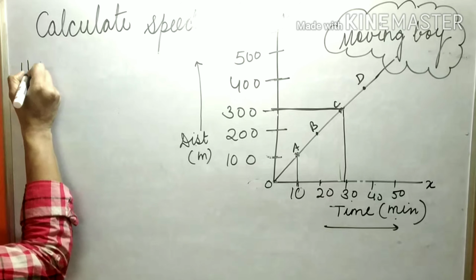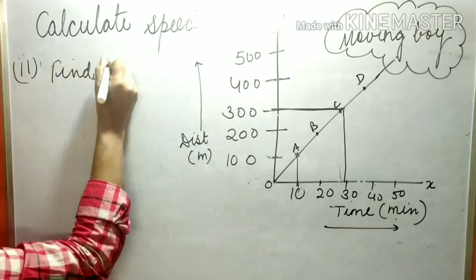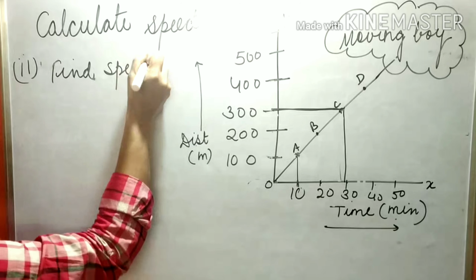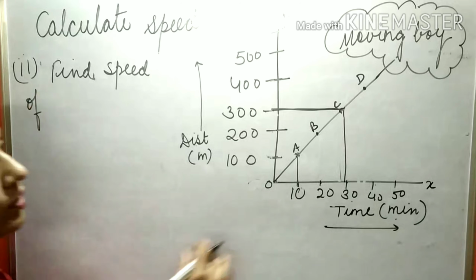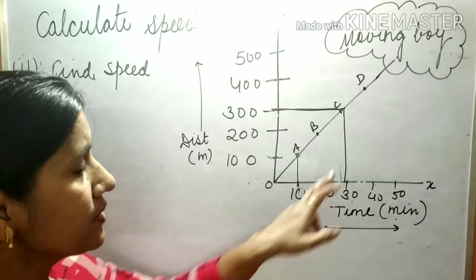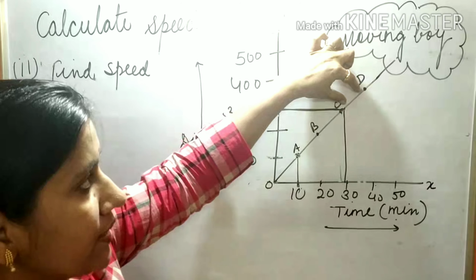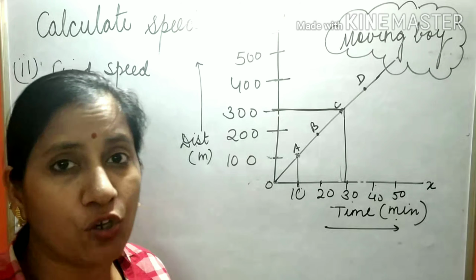So the second question is, find the speed of C to D. CD की आपको स्पीड निकालनी है. CD मीन्स जब बॉय C से D डिस्टेंस कवर कर रहा है, तो उसकी स्पीड कितनी होगी? ठीक.